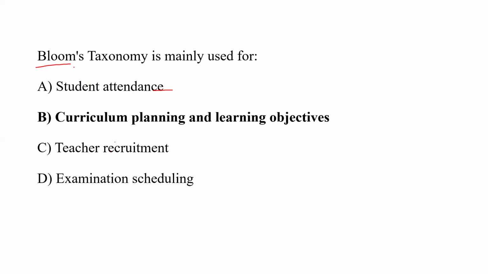Bloom's taxonomy is not used for student attendance, not at all, not teacher recruitment, not examination scheduling. So automatically this is the answer. Whatever questions you don't know, the elimination method will be very helpful. Maybe within 4 options, we can cut down 2 answers, and after that we can find and write.